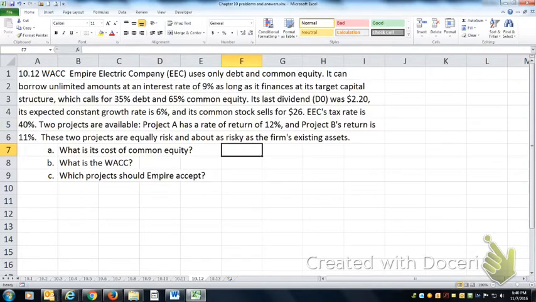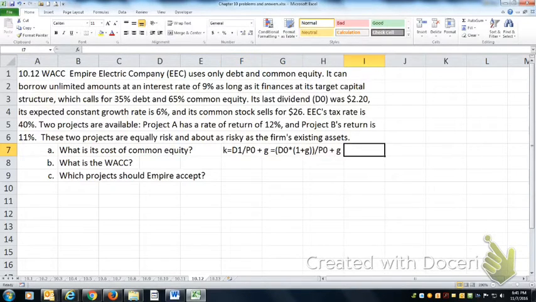So the first problem is, what's the cost of common equity? K is equal to D1 over P0 plus g. I don't have D1, but I have D0, so that would be D0 times 1 plus g, divided by P0, then add g.